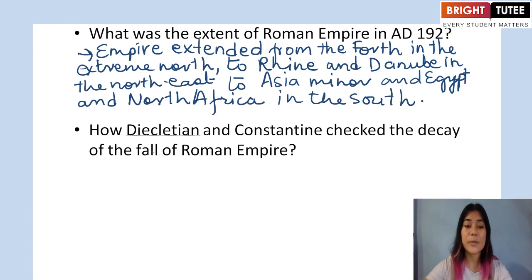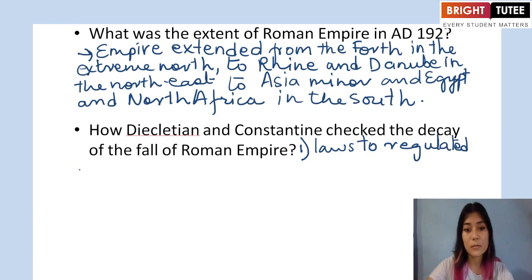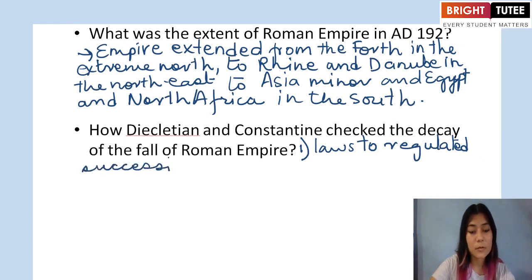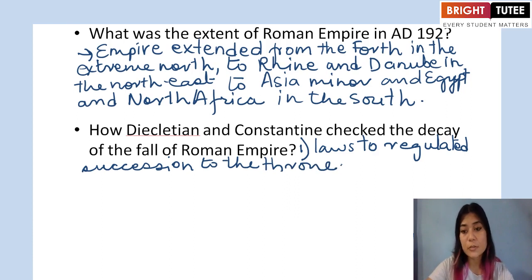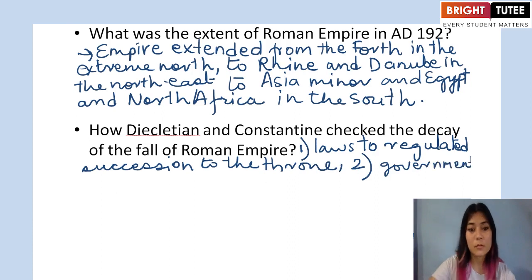Alright? The next question. How Diocletian and Constantine checked the decay of the Roman Empire. So they adopted various measures to prevent the decline or the fall of the Roman Empire. So what were these measures? Number 1, laws to regulate succession to the throne was introduced. Number 2, government became a despot.